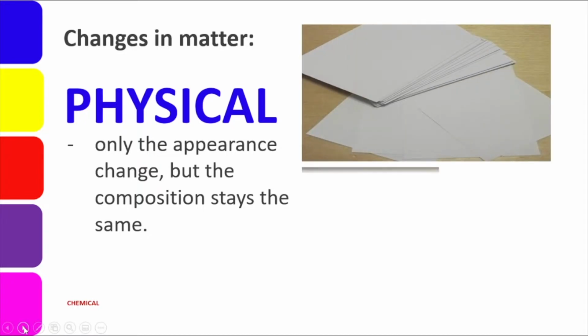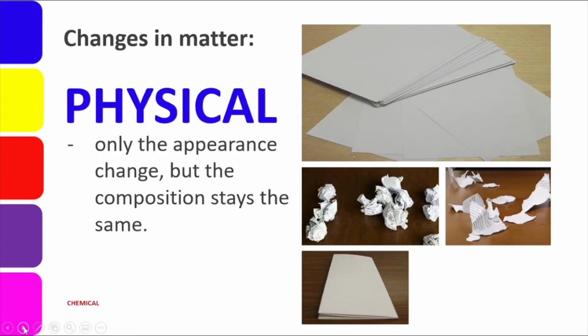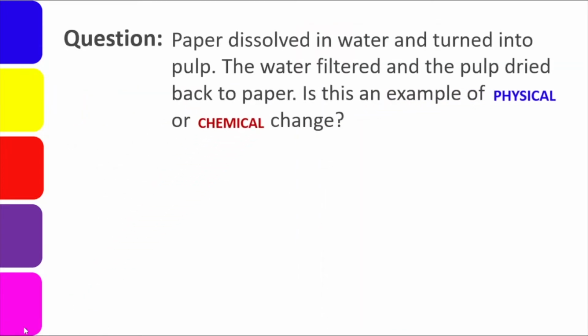Tulad sa papel, kahit na lukot-lukutin mo, punit-punitin mo, itupi mo ng ilang beses or i-roll mo, papel pa rin siya. And in fact, sa experiment natin sa school, yung paper pag tinunaw, di ba matutunaw siya at magiging pulp siya. Papel pa rin yun, iba nga lang ang kanyang itsura and pwede pa rin siyang ibalik sa dati kapag pinatuyo mo yung paper pulp.